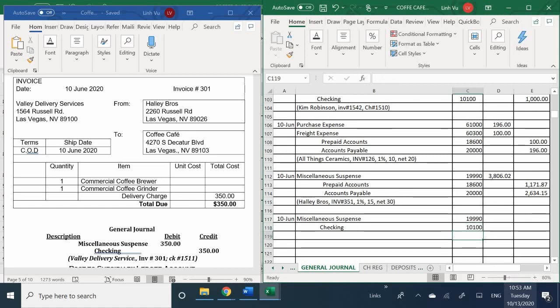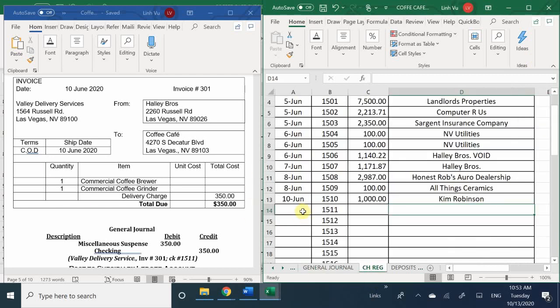Okay? So now that I have a total amount of freight, my total amount of freight is going to be for $350 even. So $350. Okay? Before I move forth, what do I need to do first? I need to go to my check register.